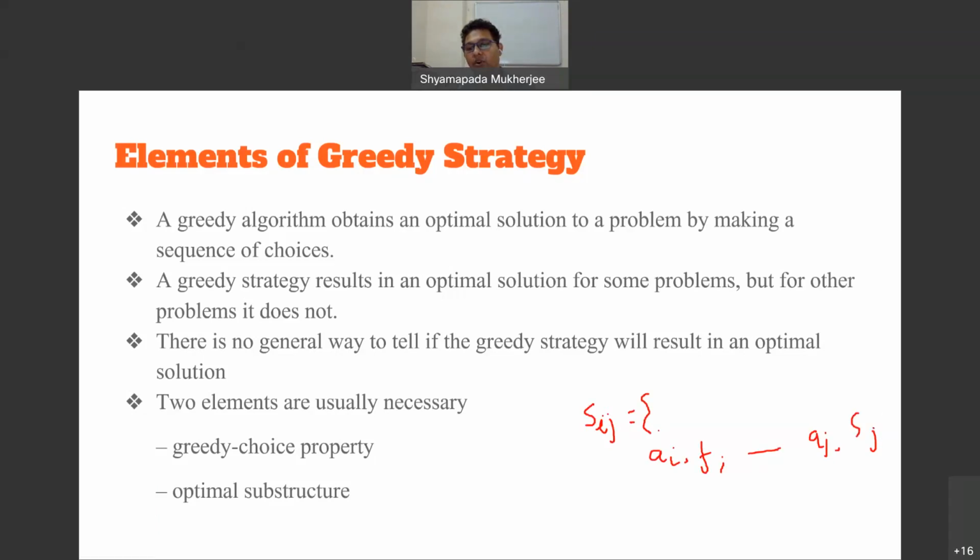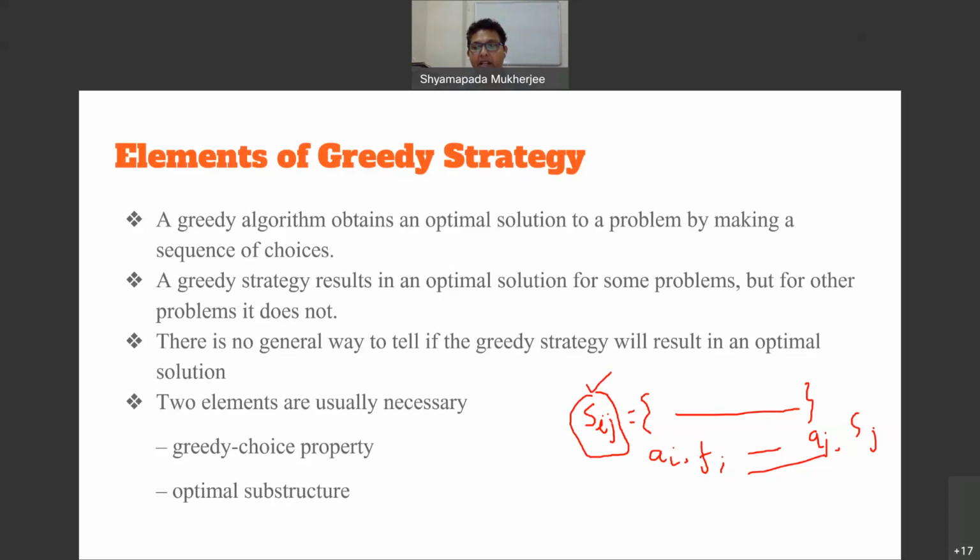So all these activities within this range will be included. We want to find the maximum subset of compatible activities, mutually compatible activities, whose spans do not overlap, so that they can use the resource at their own time. So there will be no overlap. In this way we represent one subproblem in the activity selection problem.